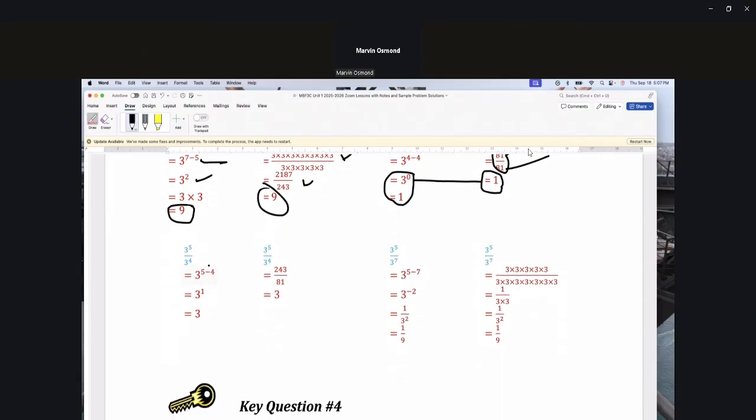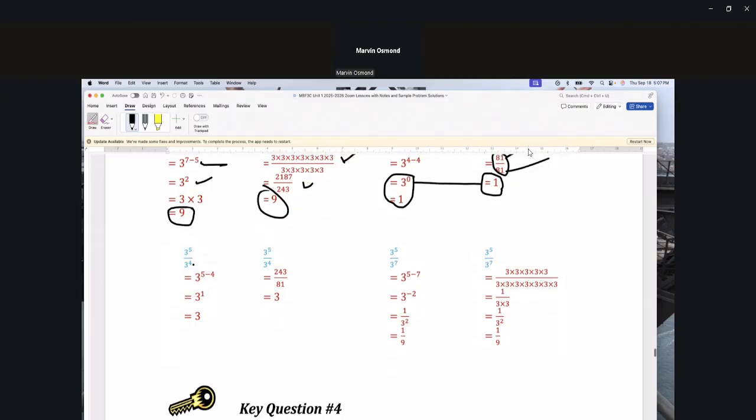This one is, what does 3 to the power of 1 mean? Well, 3 to the power of 5 divided by 3 to the power of 4 is 3 to the power 5 minus 4. That's what exponent laws say. 5 minus 4 is 1. And we said that anything to the power of 1 is itself, in this case 3.